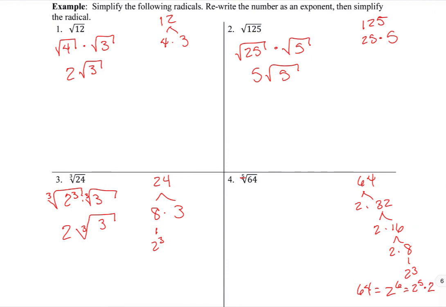Right, we got 6 because this is 1, 1, 1, and we had 3. So this is 2 to the 5th times 2, and these are 5th roots. So this is 2 times the 5th root of 2. Okay?